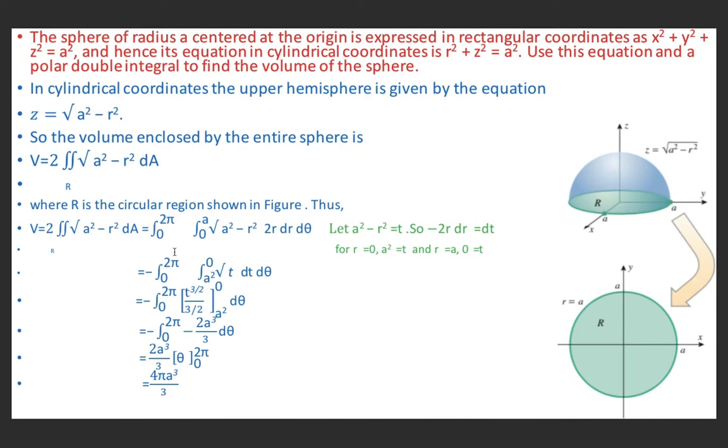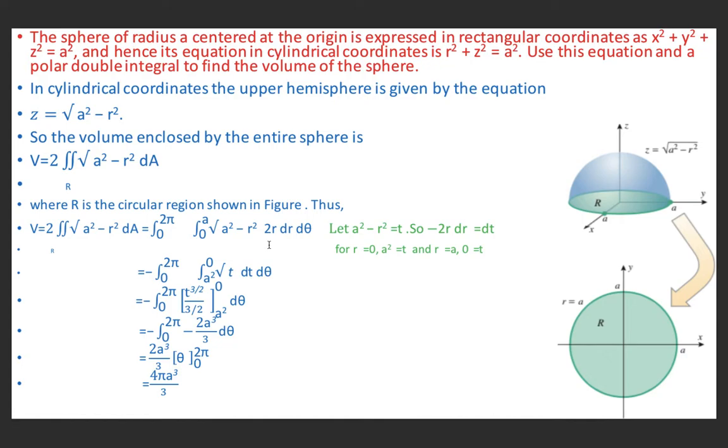So it is equal to the iterated integral of under root a square minus r square multiplied by r. I have multiplied by r because we do this in polar coordinates, and limits of r are from 0 to a, and limits of theta are from 0 to 2 pi. This too I have written inside the bracket for simplicity.